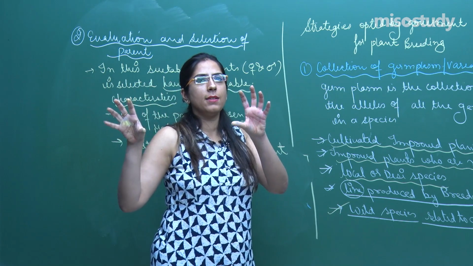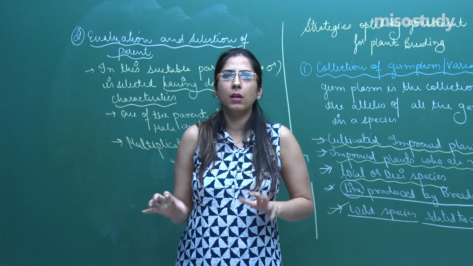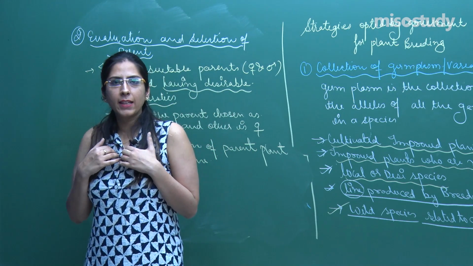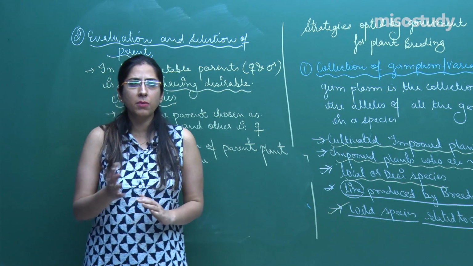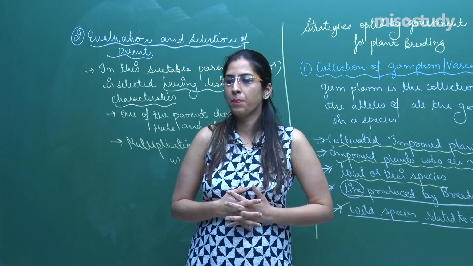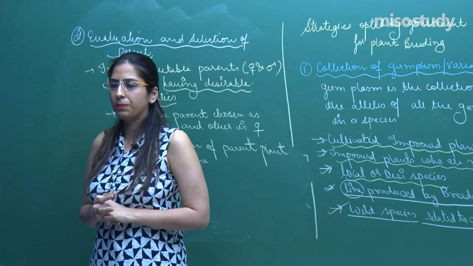In these two parents, I have n number of genes. In this case also, n number of genes are present. The chances that my desired characteristics should come in the progeny is very less. Sometimes it is only 1 in 1000 and 1 in 100. It's very less. So, it's a very tedious job to do this hybridization experiment.